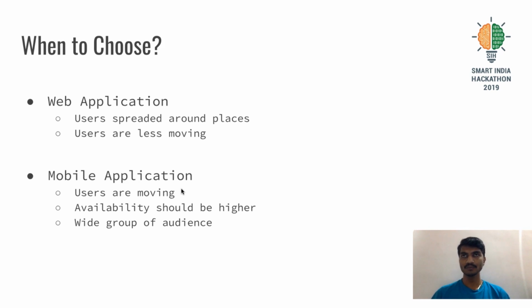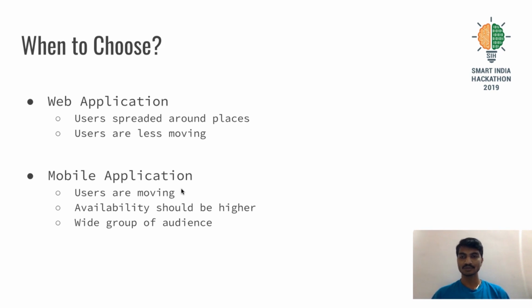So when do we go for a mobile application? When compared to web application users, mobile application users are more on the move and need the application every time. For example, if we are creating an application which helps the user with transport, the user cannot carry their laptop or desktop everywhere they go.